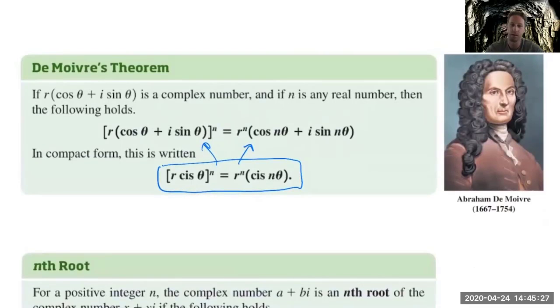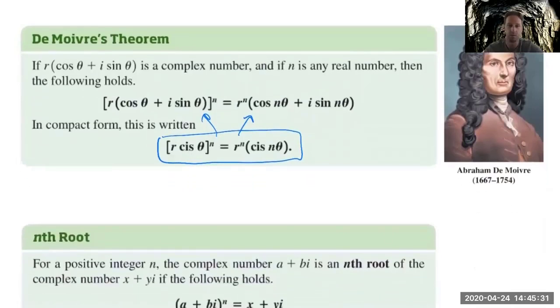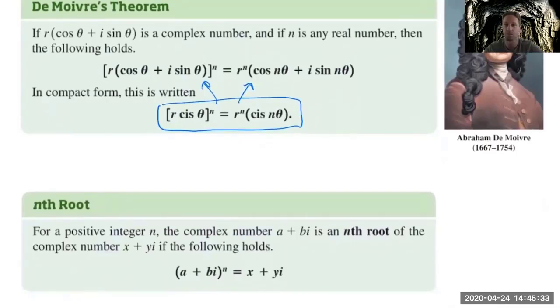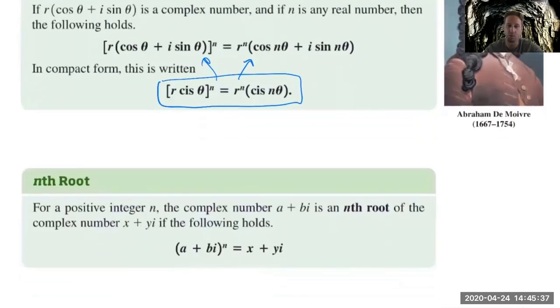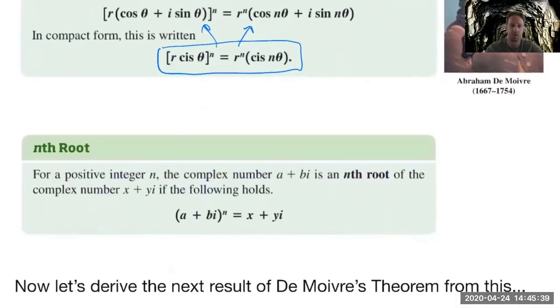So pretty nice little way for us to use these things, but the real format that we're going to be using is not so much just raising some number to a power, it's more to find roots. And so this first thing that we're going to be looking at here before we derive it is, what if we wanted to find the nth root of some complex number?